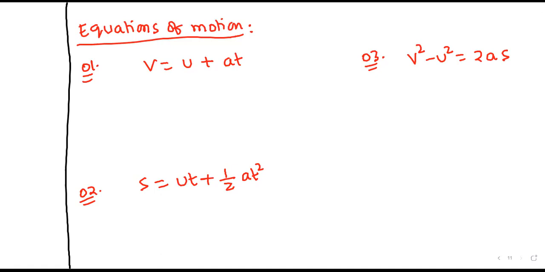Okay, fine. Now here we'll see that by definition of acceleration I can write a equal to dv by dt. That is nothing but v minus u by t.